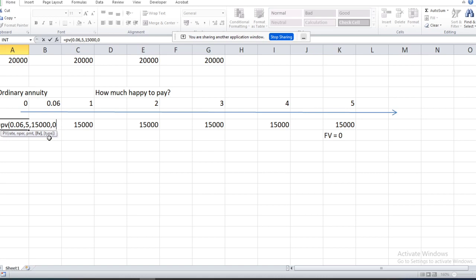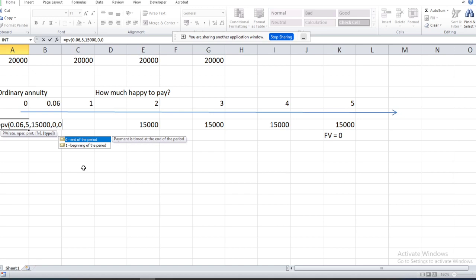When you just ignore it and close the bracket, the computer always thinks that it's a regular ordinary annuity. So for ordinary annuity, we just put 0 for the type. As you see, if you type 0 there, it says end of period. If instead you type 1, it says beginning of the period. So far we've never talked about annuities due. We've just ignored that last hint, which says type.